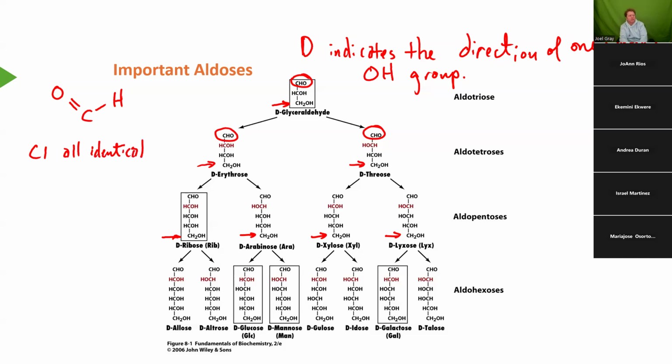Does everyone agree with that statement? Okay. Now, if I were to say C3, carbon number 3, and our numbering starts at the top, they're all identical, would anyone agree with that statement?